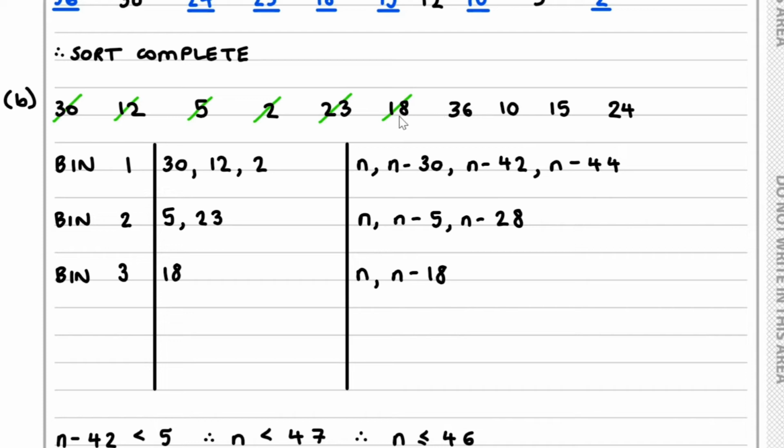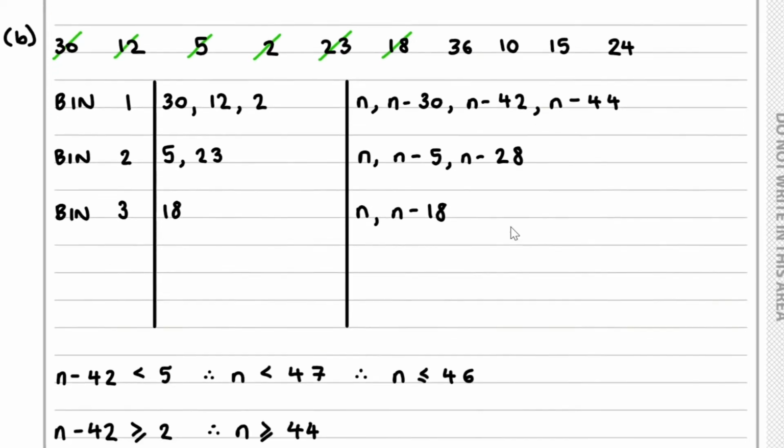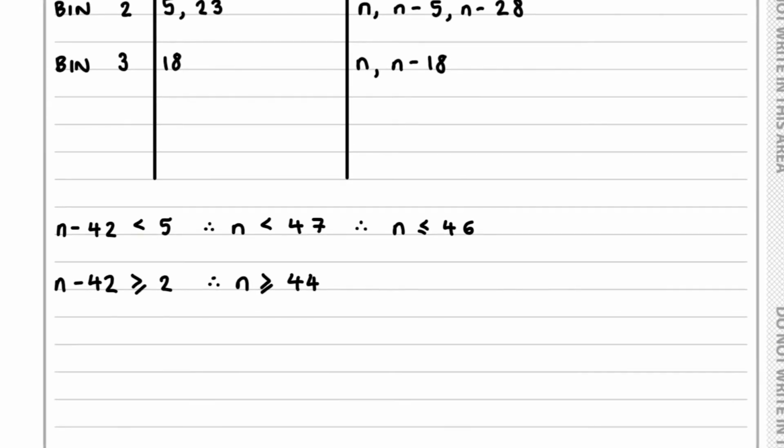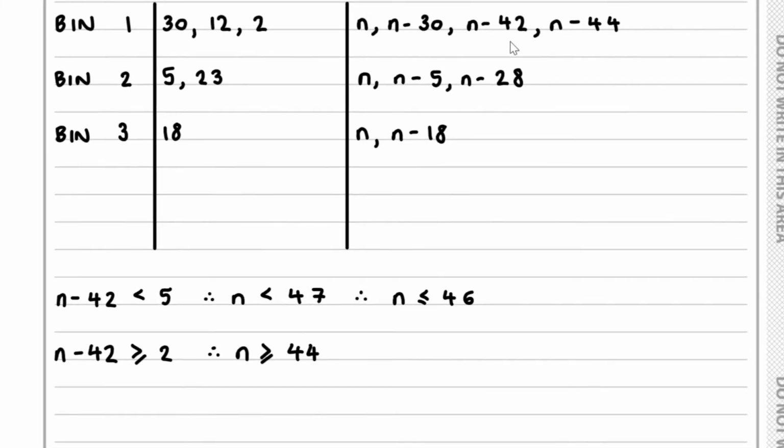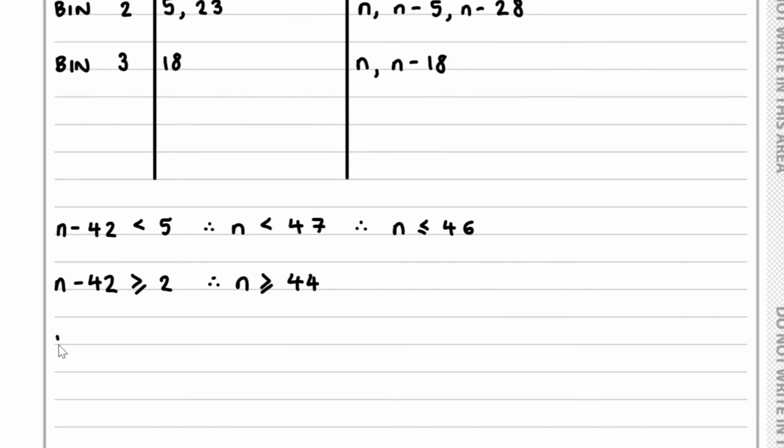Now, if the 18 has been placed into bin number 3, that means there was not enough space in bin number 2 to place 18 into it, which means that the n minus 28, which is the current space left in bin number 2, is less than the 18.